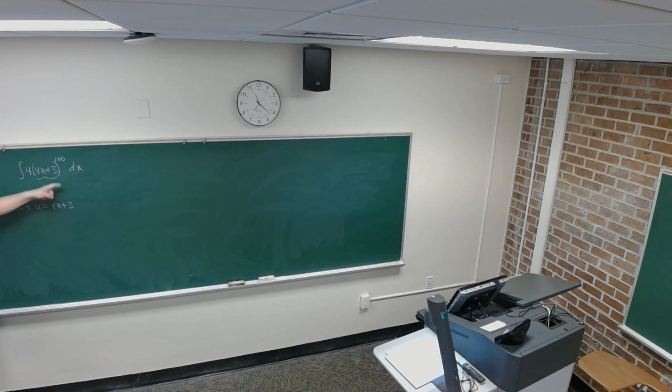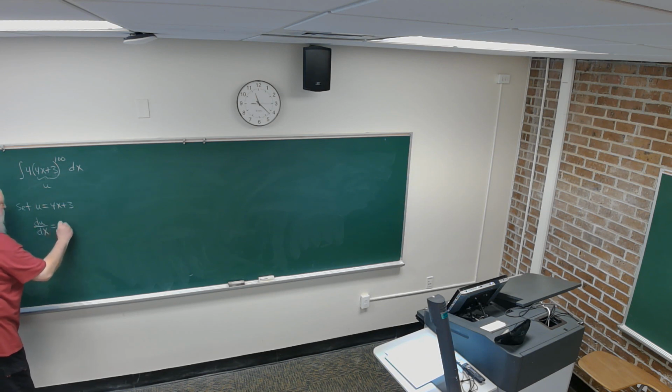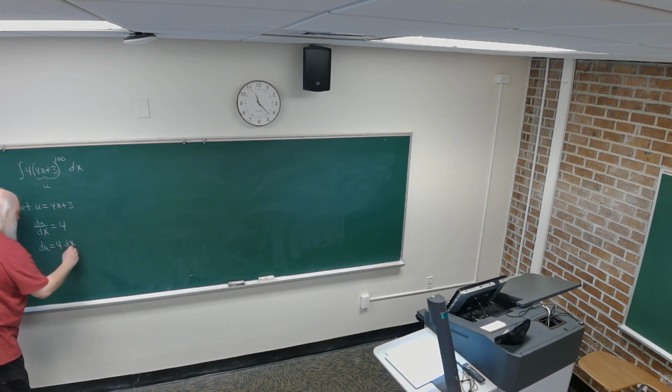It's inside this bigger function. Well, the derivative of u with respect to x is equal to 4. And then if I multiply both sides by dx, I get the differential du is equal to 4 dx.